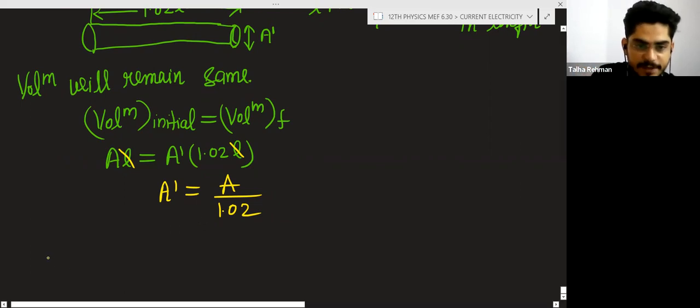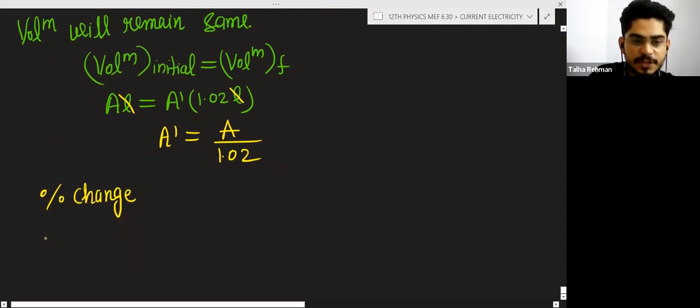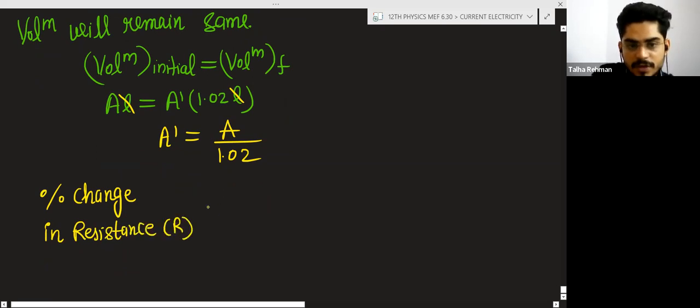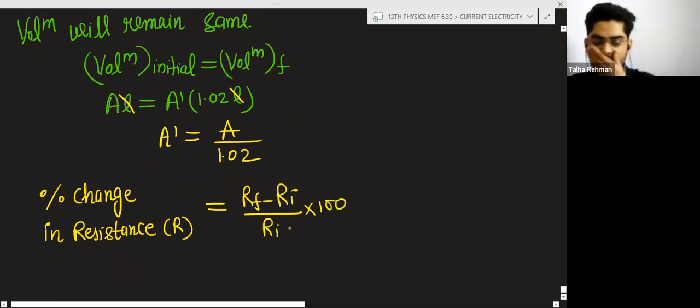I am writing percentage change in resistance R is equal to R final minus R initial divided by R initial into 100. This is mathematics actually.